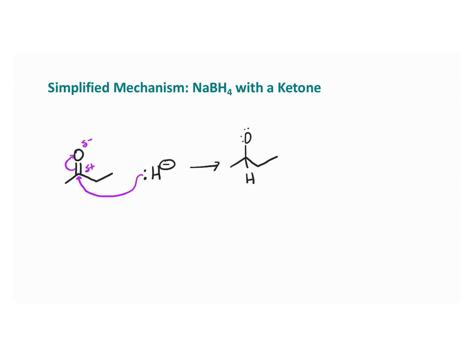And now this is our oxygen here. We're going to go through a second step, which is a proton transfer. And so what you're going to see here would be like an acid workup step, where these electrons are going to come out, they're going to grab a proton. Those electrons are going to go back on the oxygen. I forgot to write down this was a nucleophilic addition step.